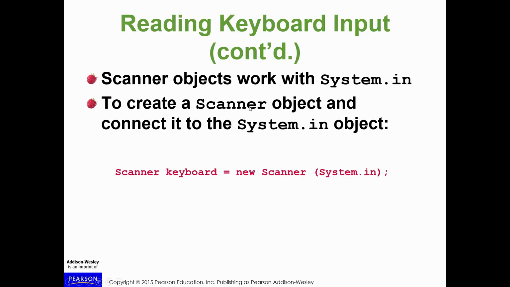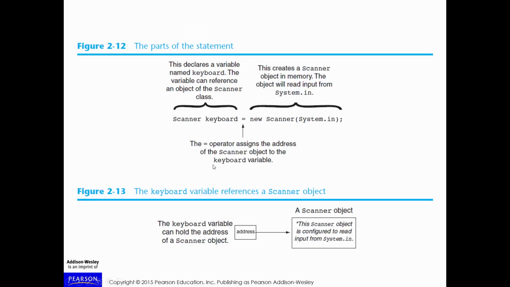All right, so what I'm saying is every time I want to create a new Scanner object, so when I want to do my System.in, I'm going to call it keyboard. This is a great slide because this slide, much better than I ever could, is explaining what's going on here.